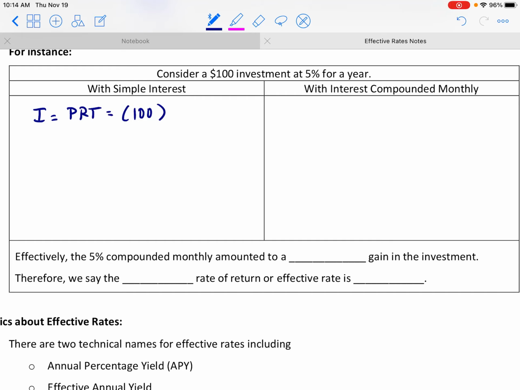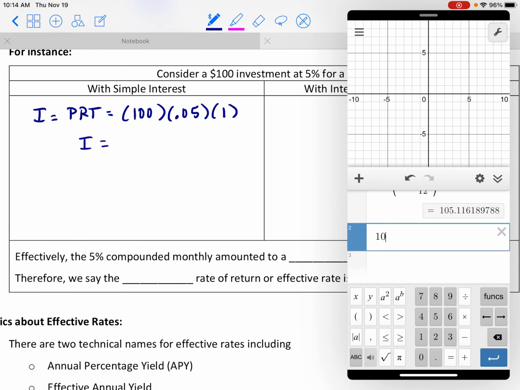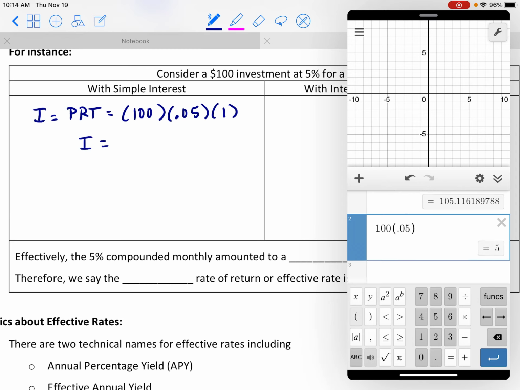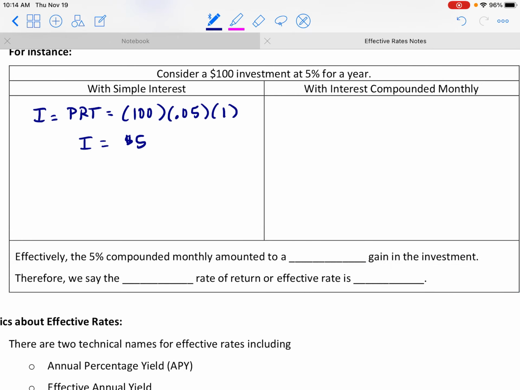So $100 principal times a 5% rate, which is 0.05, times the time of 1 year, means our interest is going to be, if you could do this without a calculator, awesome. I just want to make sure you're all with me here. So that's going to be $5. Okay, so $5 in interest. I know it doesn't seem like much, but I picked these simple numbers so we could see exactly what's happening.